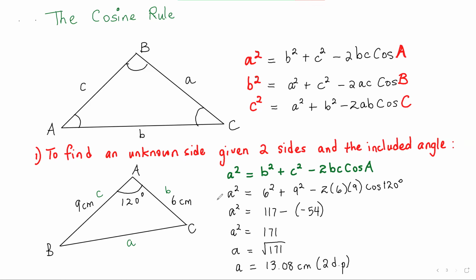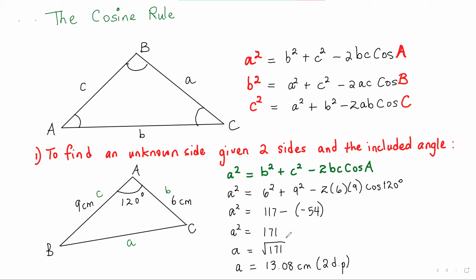Guys, you could actually type in this exact same thing, right? This same line, 6 squared plus 9 squared minus 2 by 6 by 9 by cos of 120, directly into your calculator. I just did it piece by piece so that you'll see each step. But I'm going to type it in directly in my calculator, and I hope you have your calculators with you. 6 squared plus 9 squared minus 2 by 6 by 9 cos of 120.